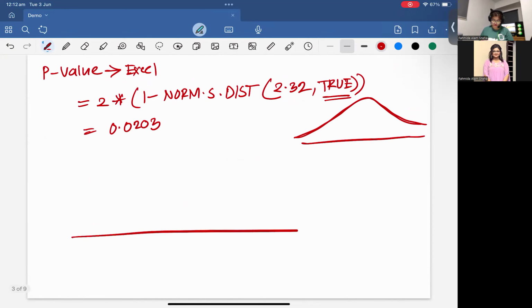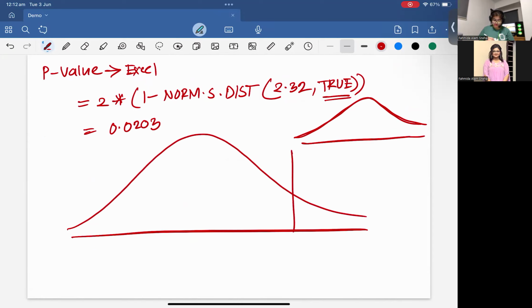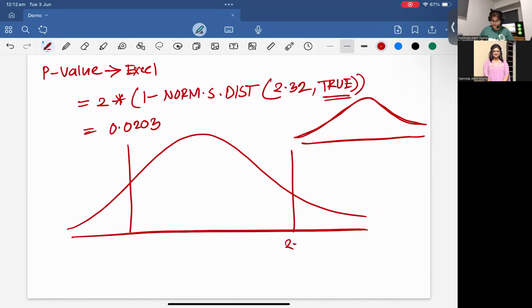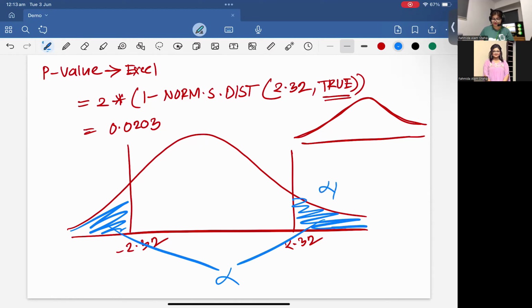Now we are going to visualize everything in the graph. Okay. Now, the z-score test, we find that it's 2.32. So the upper bound will be 2.32 and the lower bound here will be minus 2.32. All right. Now, this region and this region are the alpha, or this individual region will be alpha by 2.